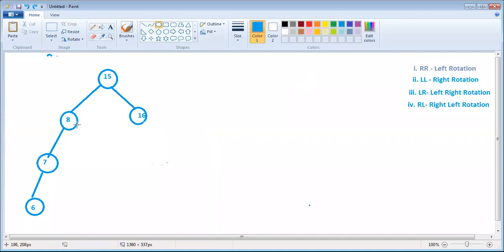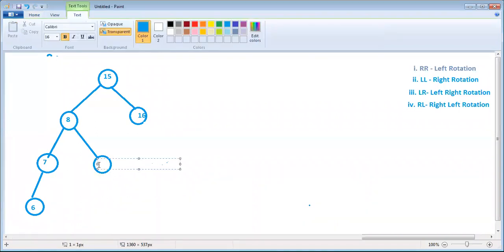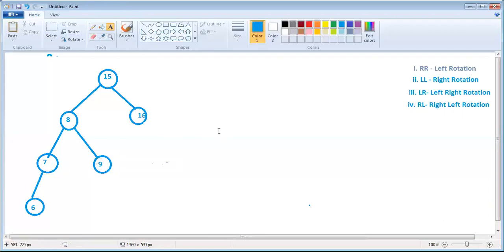Okay, now what will happen? For each and every node, try to find the height balancing factor.